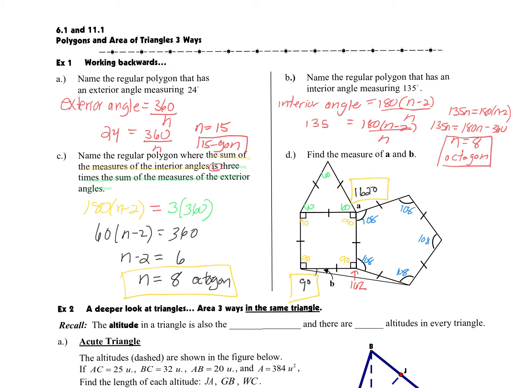All right, over here we need to find the measures of A and B. There are lots of places to start here. You can see I went through and put my 90 degrees in there. This triangle here is an equilateral, so all of these must be 60. If we look at these 5 sides, each one of those must be 108.